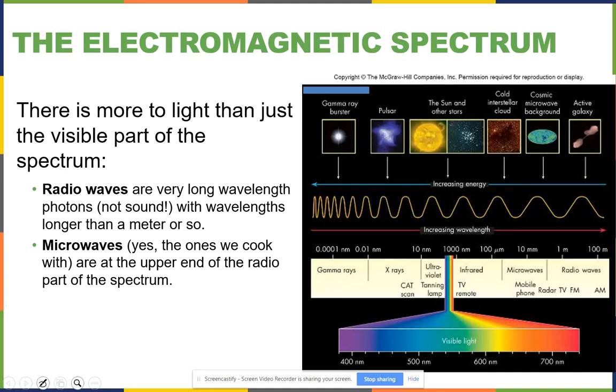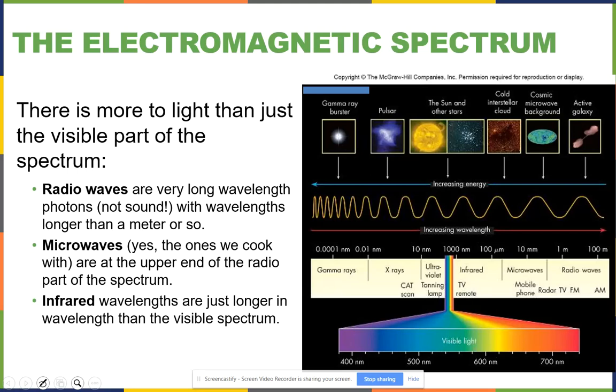You can see the remnants of the Big Bang, what we call the cosmic microwave background radiation. That is in some pretty long wavelengths. And so there's different types of things we see in astronomy with different wavelength ranges. So there are telescopes made to work in all of these different ranges to gather different kinds of information.